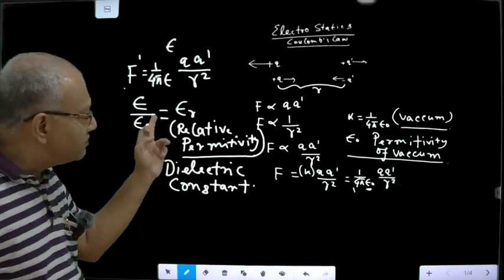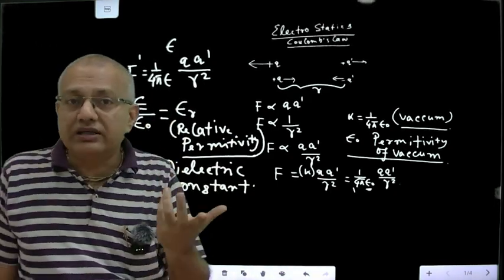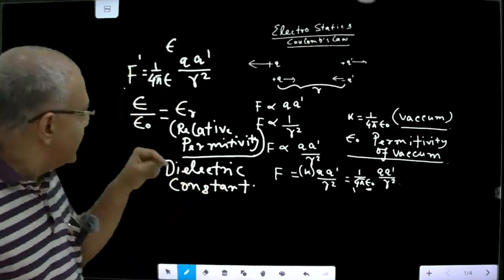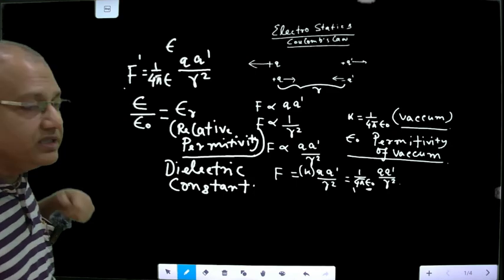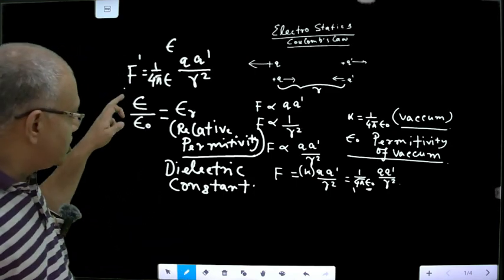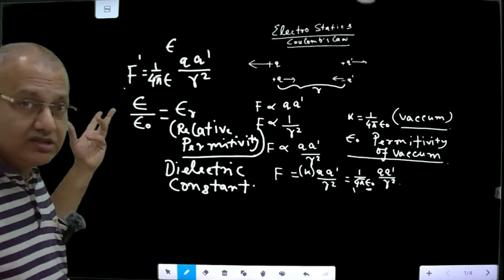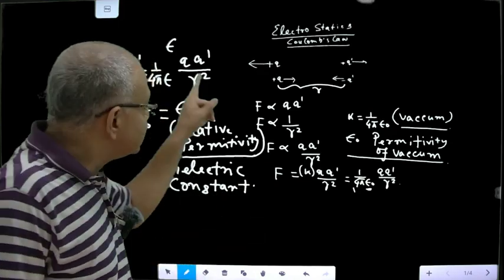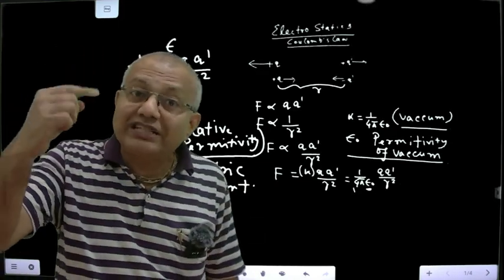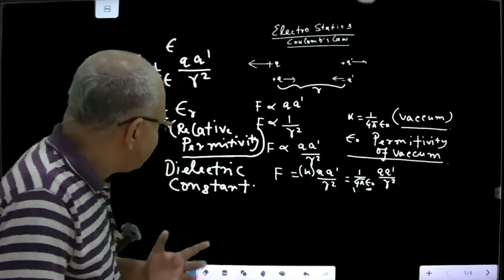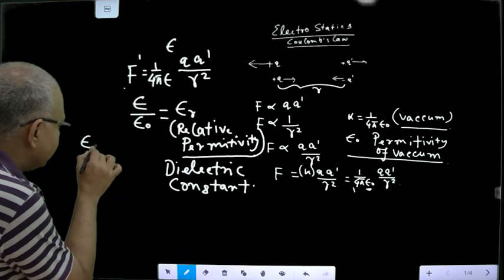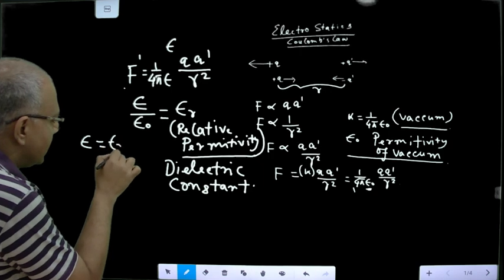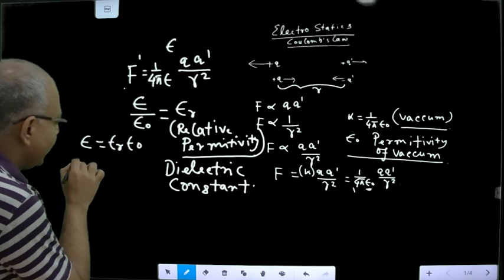So naturally you can observe that epsilon r is a pure number because it is the ratio of two similar quantities. It is the ratio of epsilon and epsilon naught. They are similar quantities, so the ratio is a pure number, isn't it? So it is a special property of that special medium. So now naturally, epsilon I can write this way: epsilon r into epsilon naught.